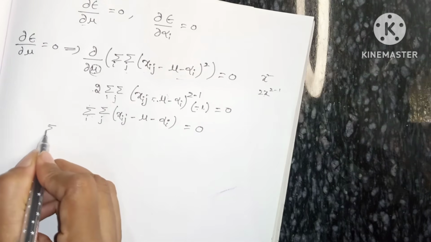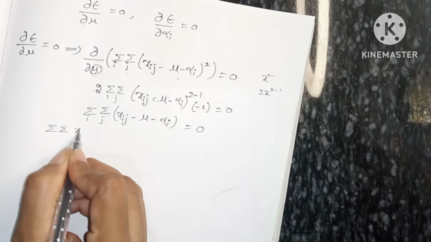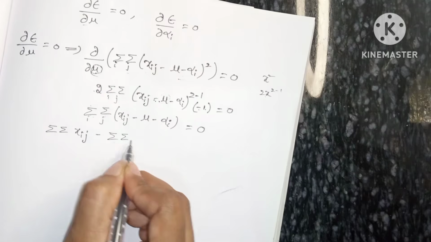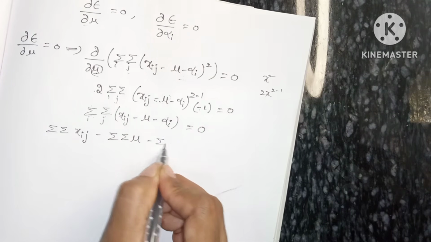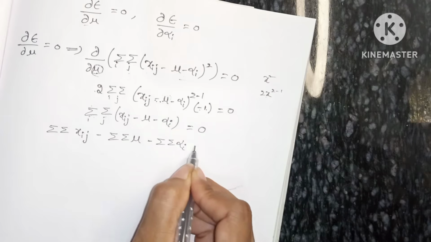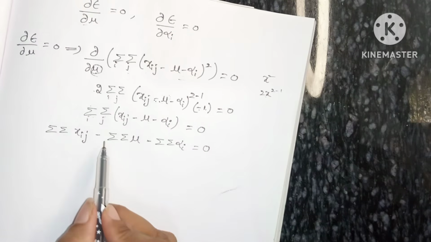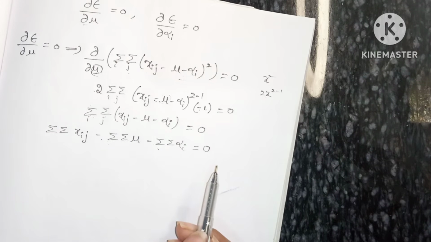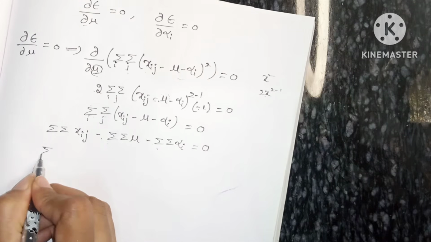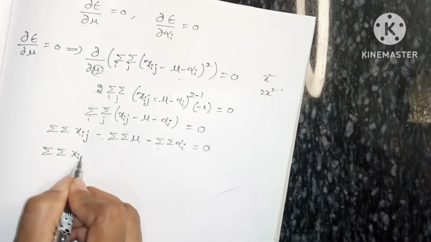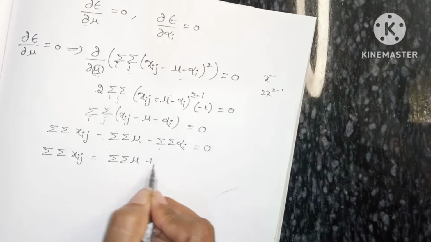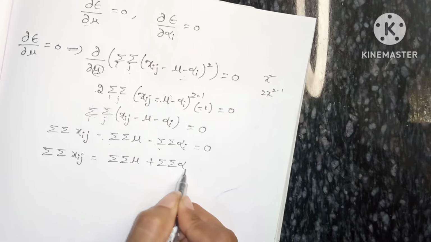So we get double summation xij minus double summation mu minus double summation alpha i equals 0. Both these terms have negative signs. If we take these two terms to the right hand side, we'll get positive values. So double summation xij equals double summation mu plus double summation alpha i.